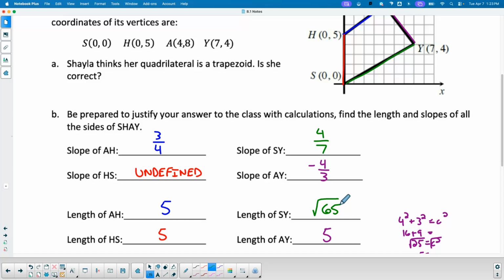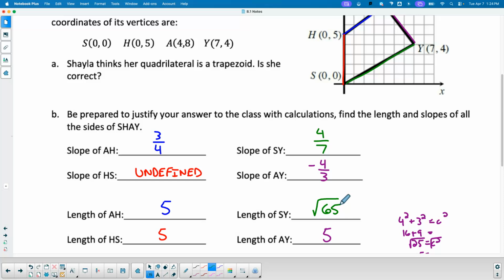What can you tell me about side lengths? The length of AH is the same as the length of AY. And HS also?